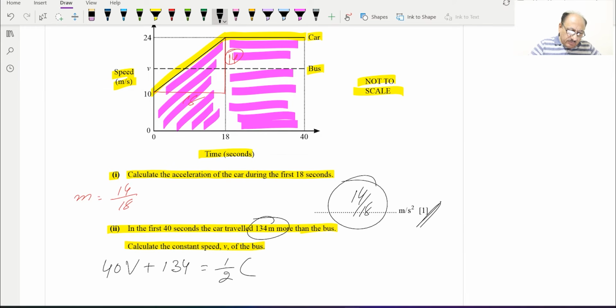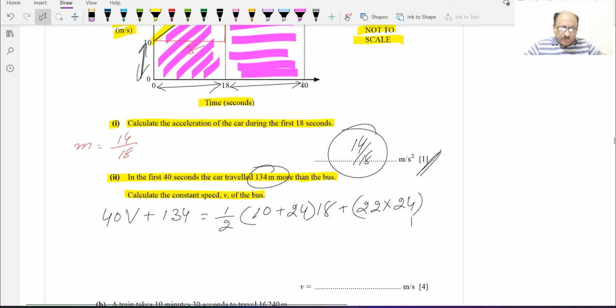The parallel sides are 10 on one side and 24 on the other. So 10 plus 24, multiplied by the height, which is 18, plus the area of the rectangle, which is 18 to 40, which is 22, multiplied by 24.